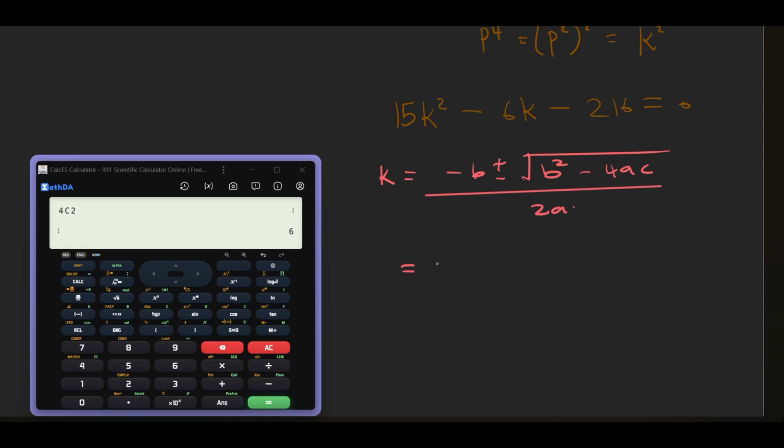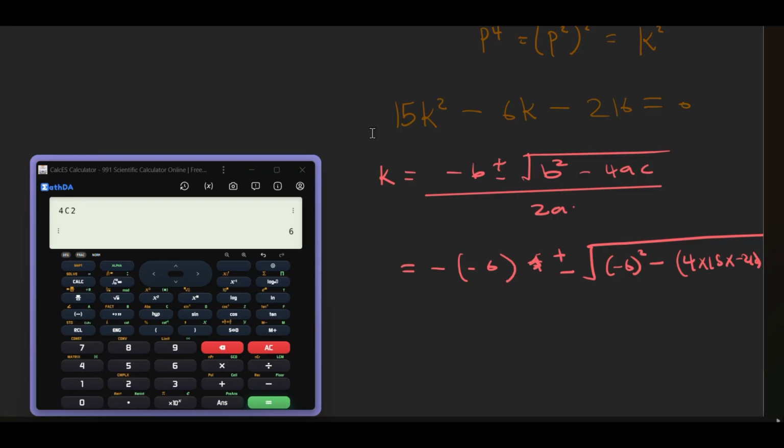So let's substitute. This is the minus of minus 6, plus or minus the square root of negative 6 squared minus 4 times 15 times negative 216.